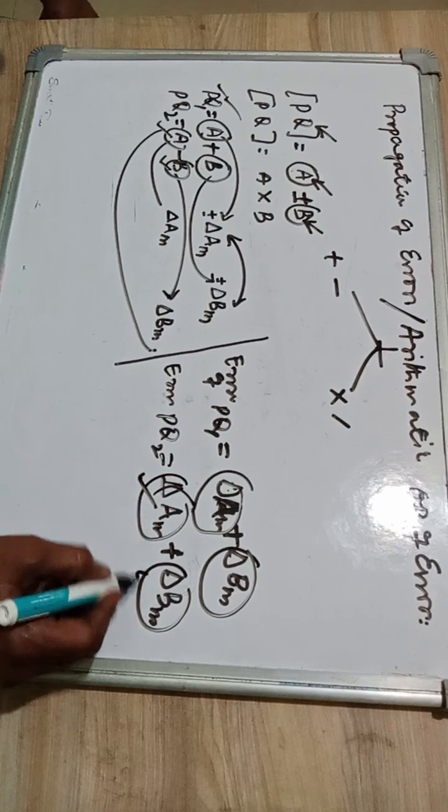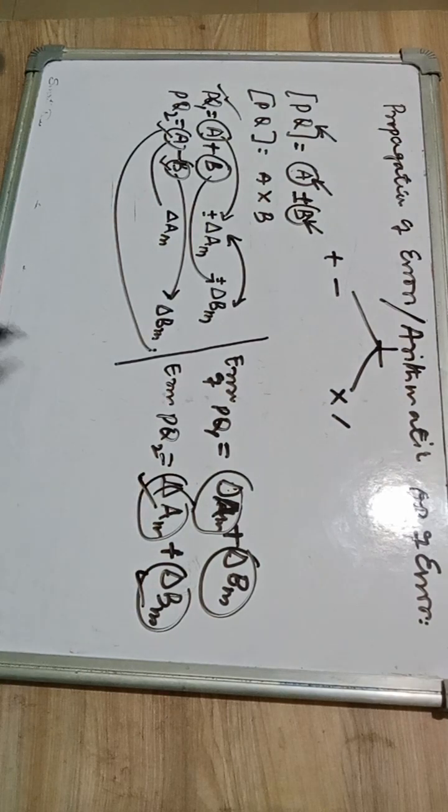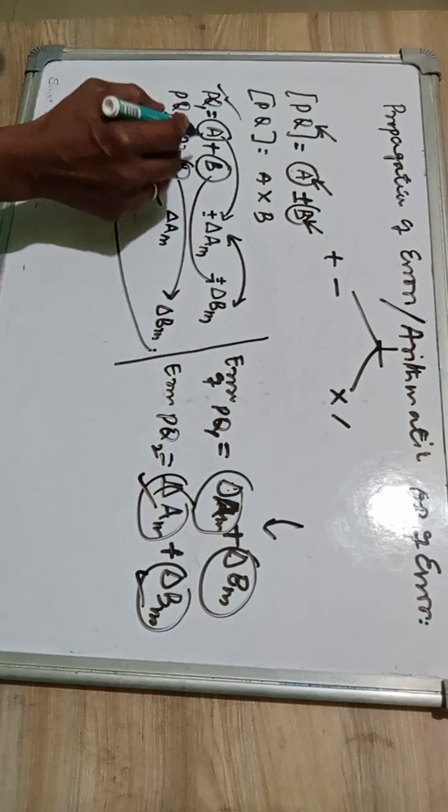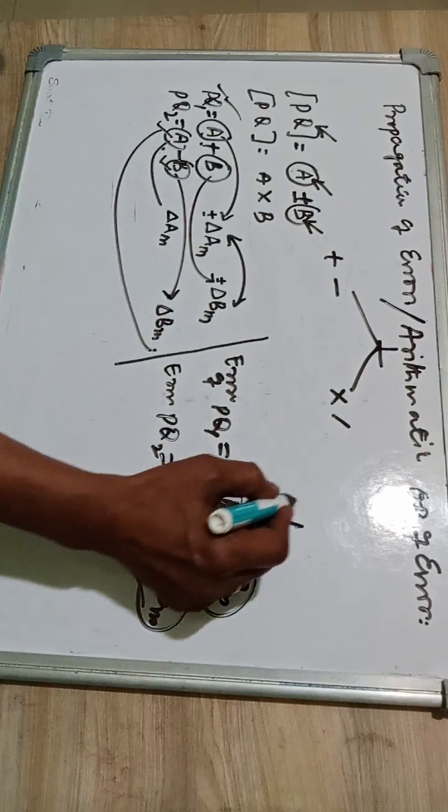In both cases both will contribute, hence error will be added. Whether quantities are added or subtracted, errors will be added.